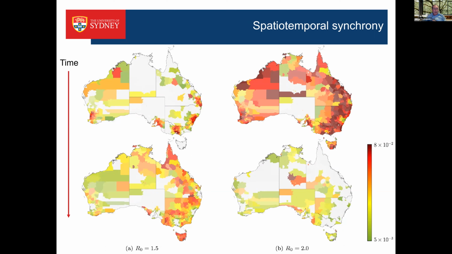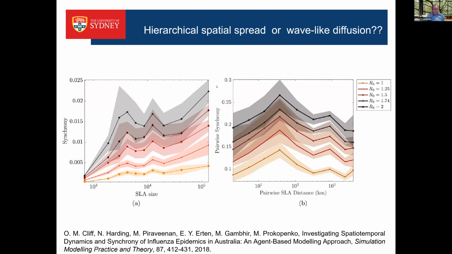Basically, you compare the prevalences at any given time, averaged across areas, and look at what's the variance of that distribution. That's what asynchrony or synchrony is. And when you look at this variance, or rather inverse variance, the synchrony, you see that it is more correlated with the size of the area.